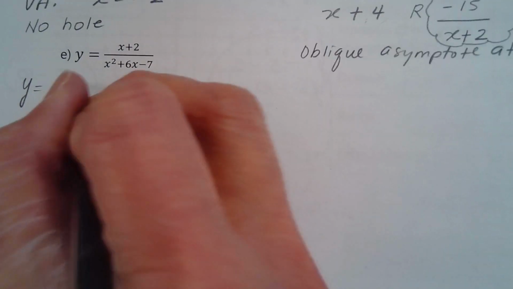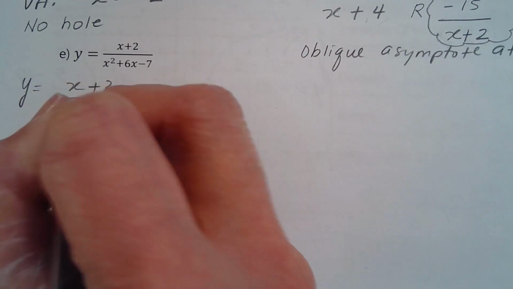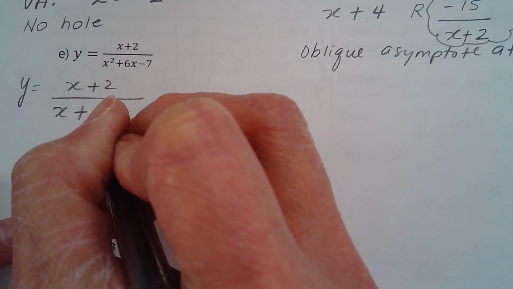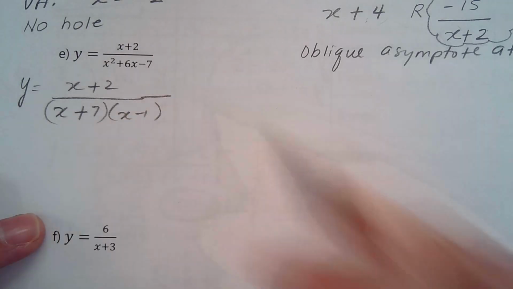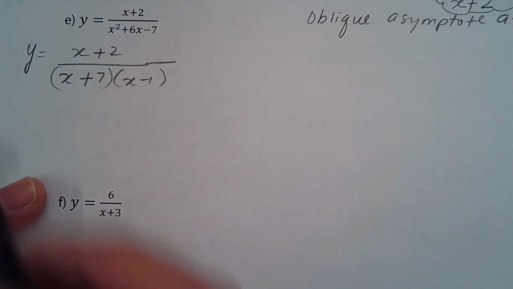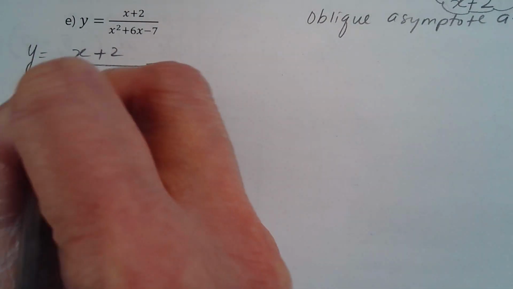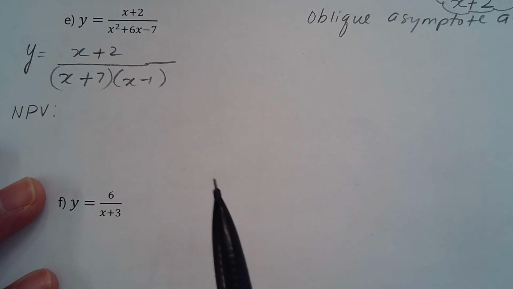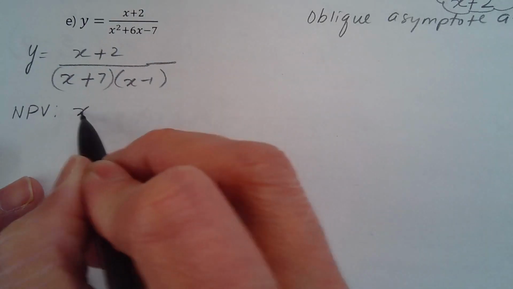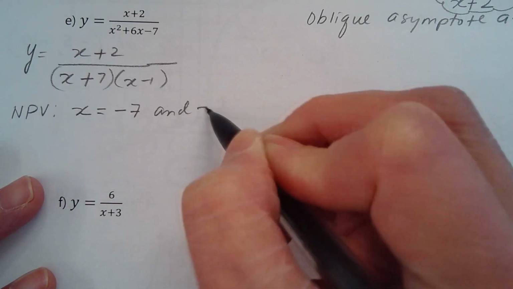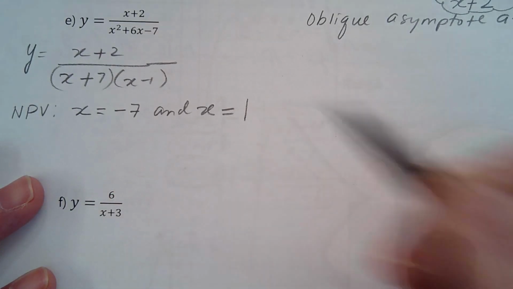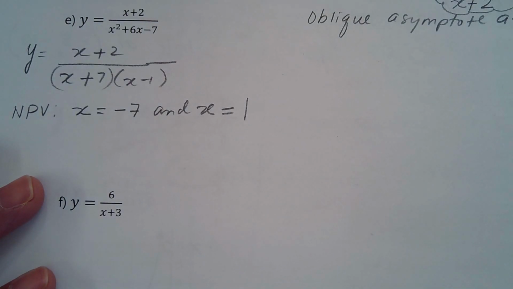So y is equals to x plus 2 over x plus 7, x minus 1. The non-permissible is what? Excellent. Yeah, very good. -7 and 1.